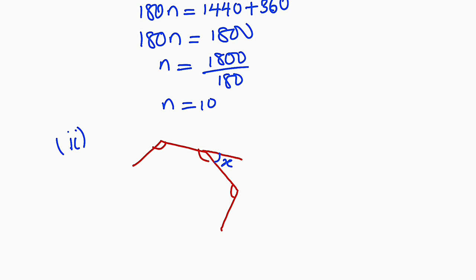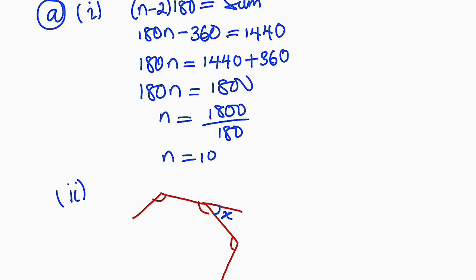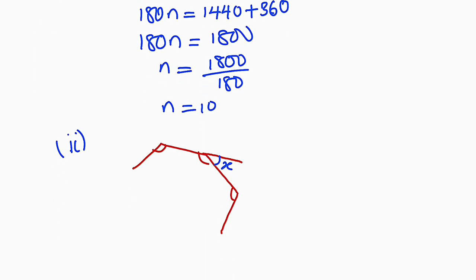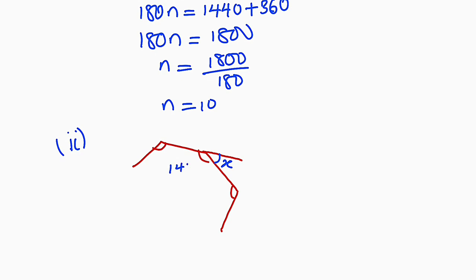So there are two different ways to find this x. You can either find the angle inside, then you subtract it from 180 because this is a straight line. And you know that angles on a straight line equal 180. So let me show you the two different ways to find it. Since we know that this particular polygon has 10 sides and 10 angles, and the sum of all equals 1440, if you divide it by 10, each angle will be what? 144, sorry.